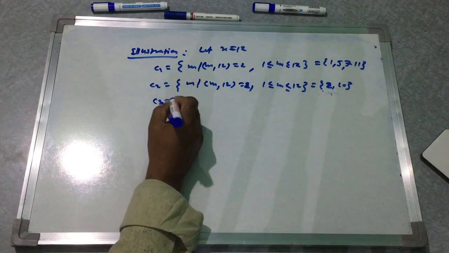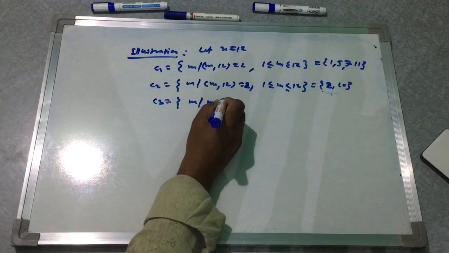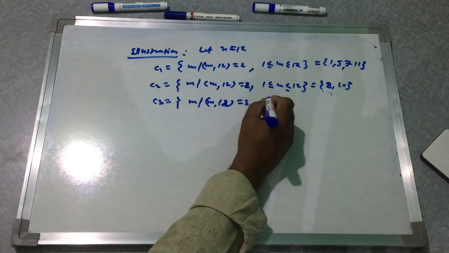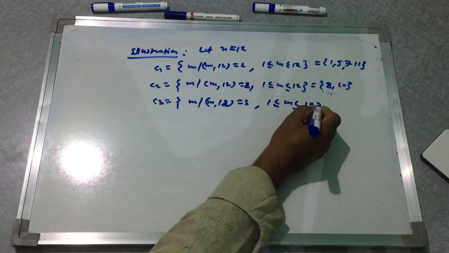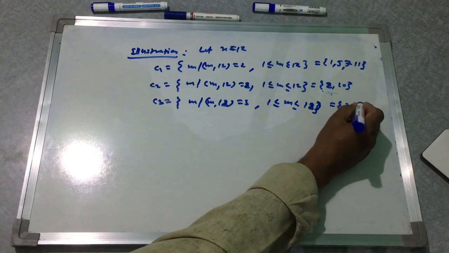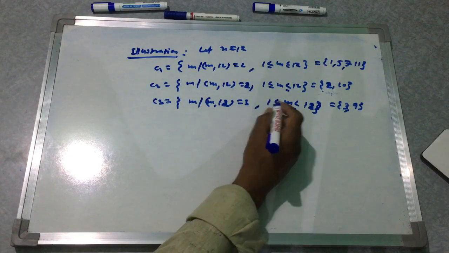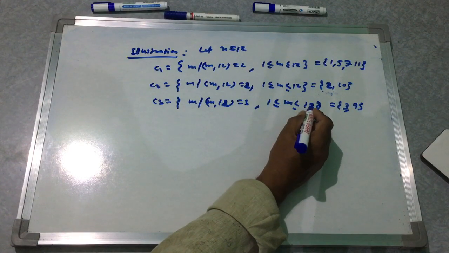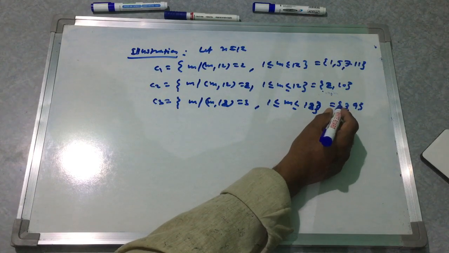Then C3, where gcd(m, 12) is 3: in between 1 and 12 we have 3 and 9.